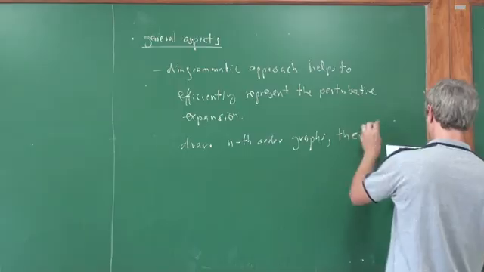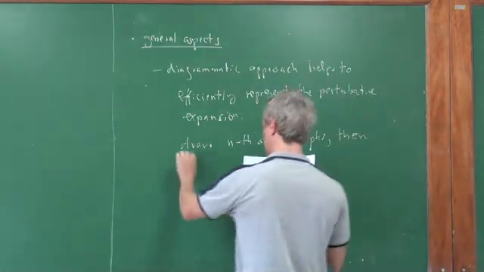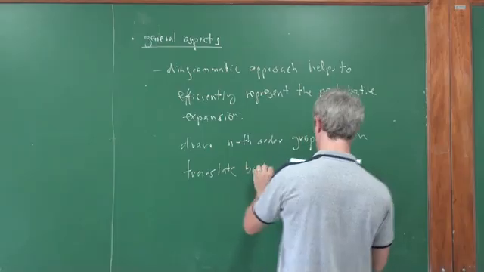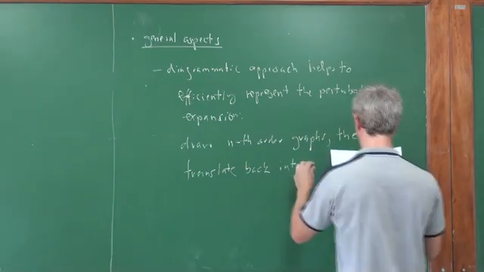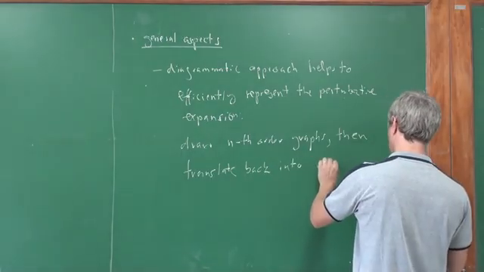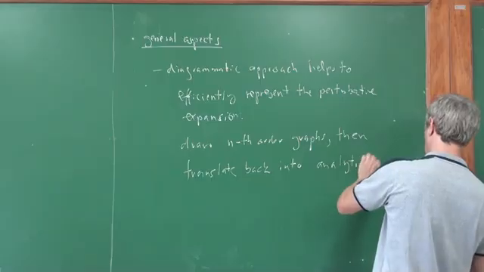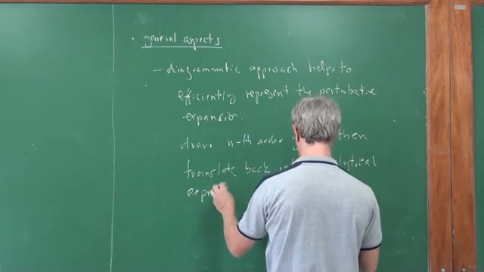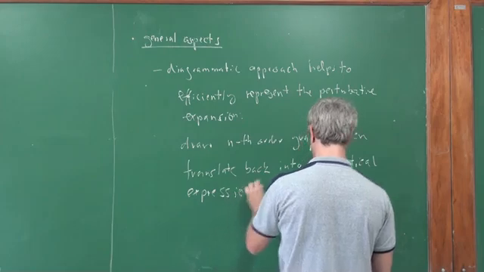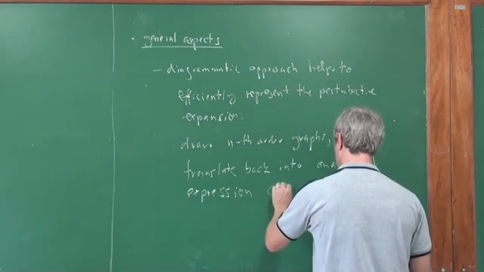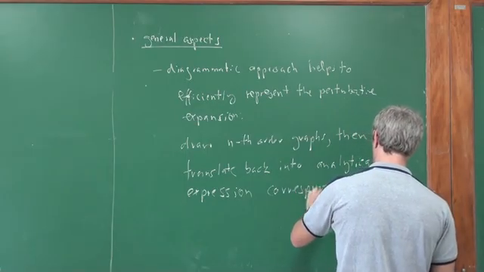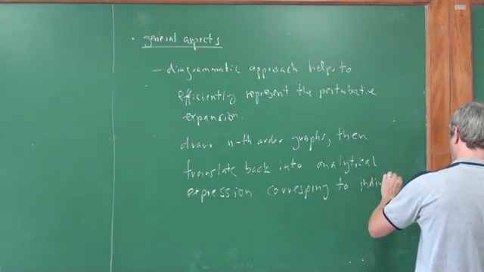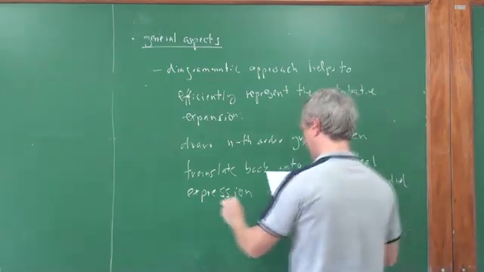And then once you have done all the drawing, you translate them back into analytical expressions, meaning that each diagram is expressed again by an analytic expression corresponding to the individual graph.